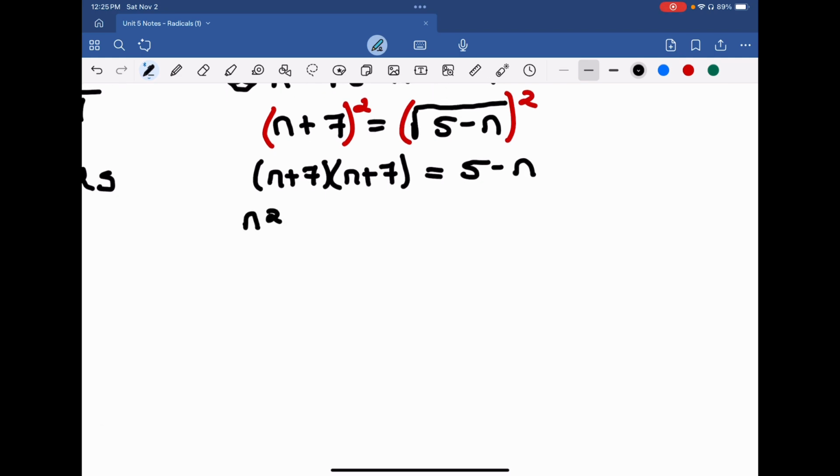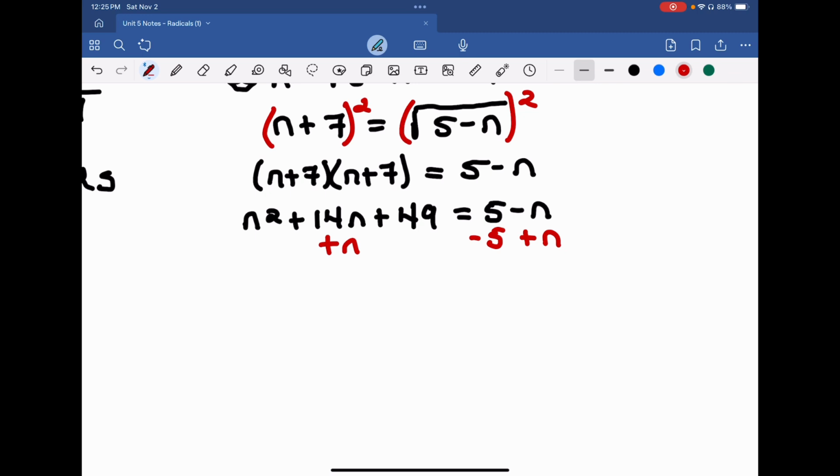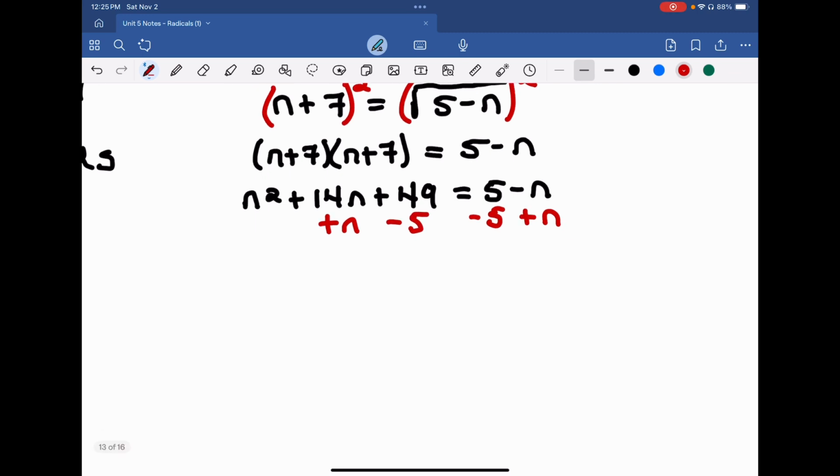Now when I expand this, this gives me n squared plus 14n plus 49 is equal to 5 minus n. I'm going to take those terms from the right-hand side and move them over, so minus 5 and plus n on both sides. This gives me n squared plus 15n plus 44 is equal to 0.